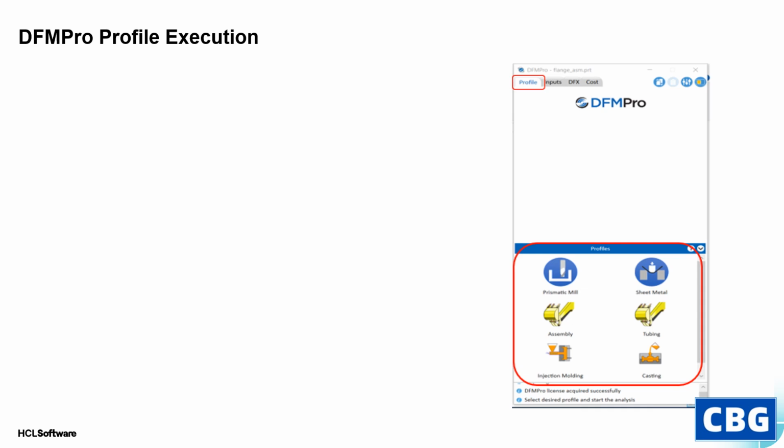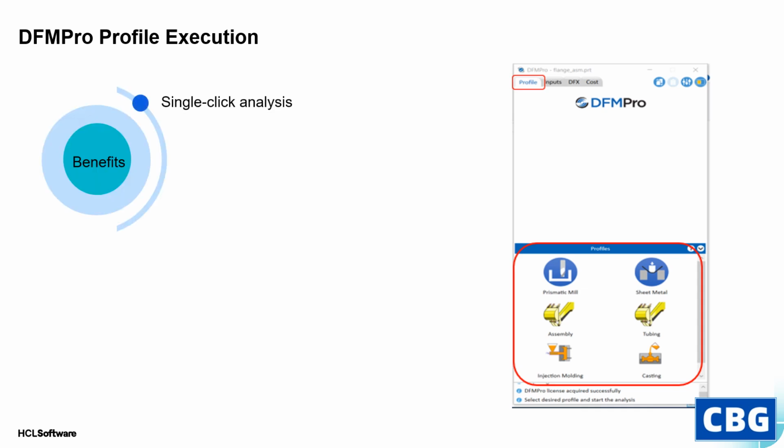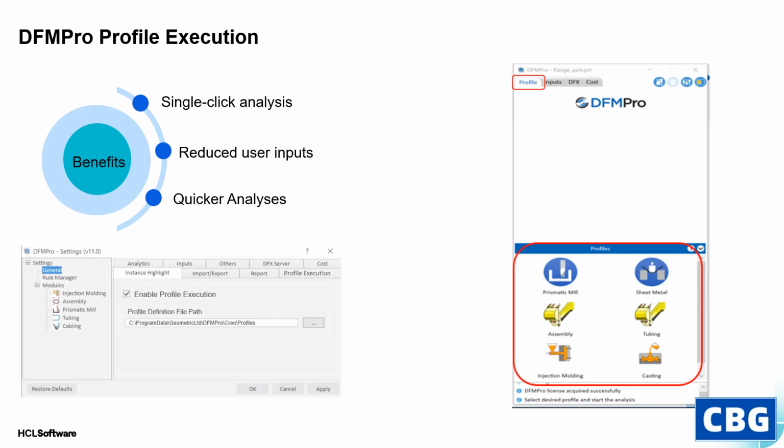Under the profile section, design engineers will have the option to select the specific process or module that they'd like to analyze the part. And with this, with a single click, users can have multiple inputs being selected automatically. The changes required to this will need to be made in the DFMPro settings window, which will have a slightly different UI as shown in this image.